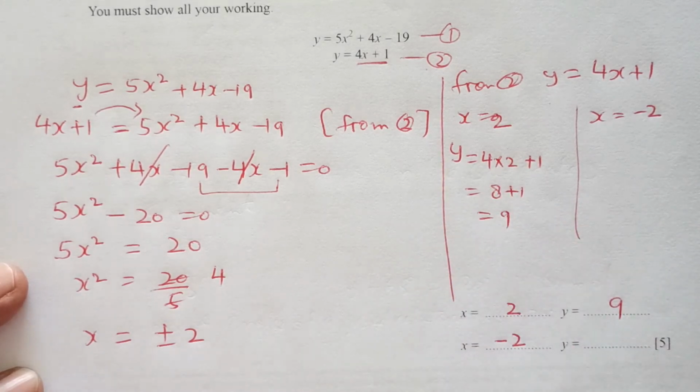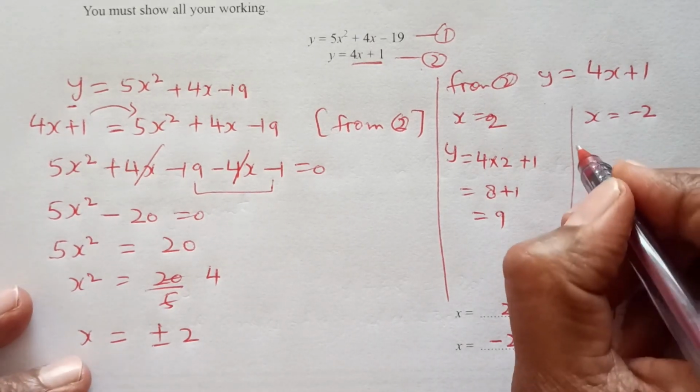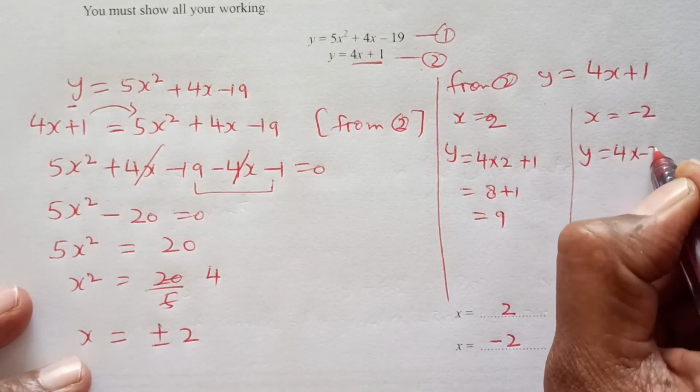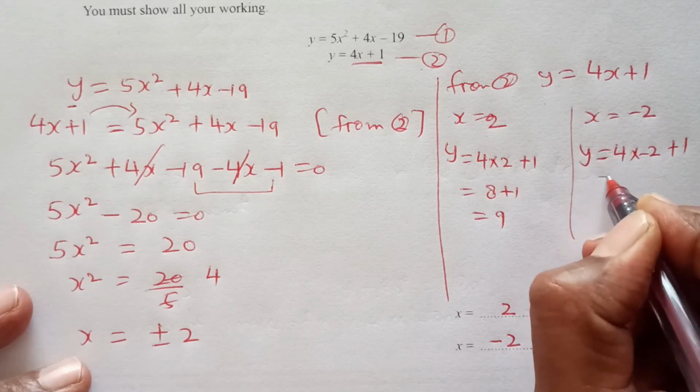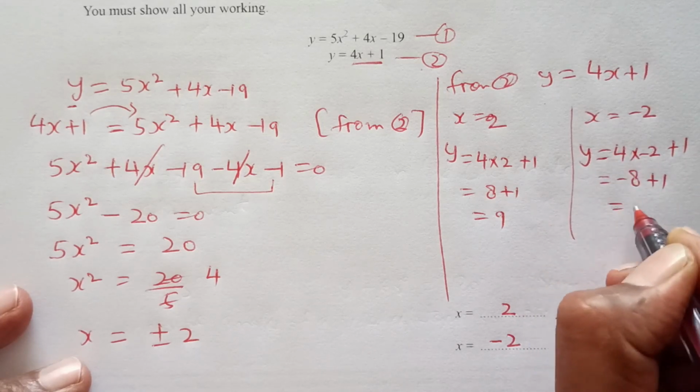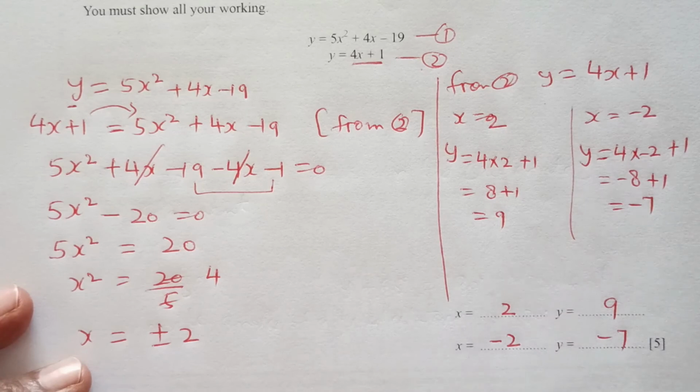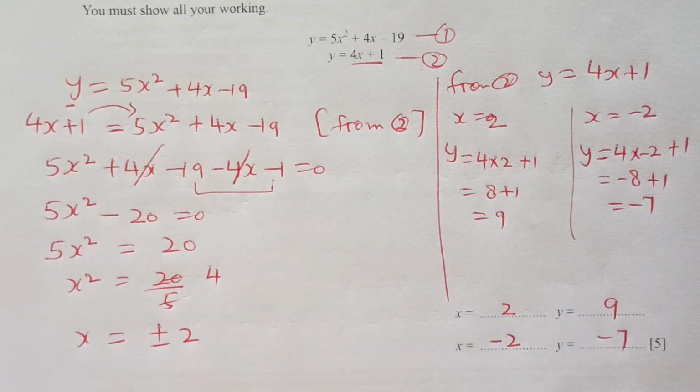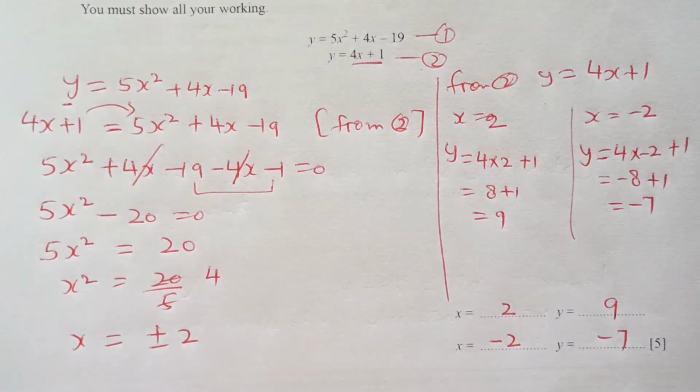So y is 9 this way. And here y will be 4 times minus 2, which is negative 8, plus 1, negative 7. So this is how you can complete this question.